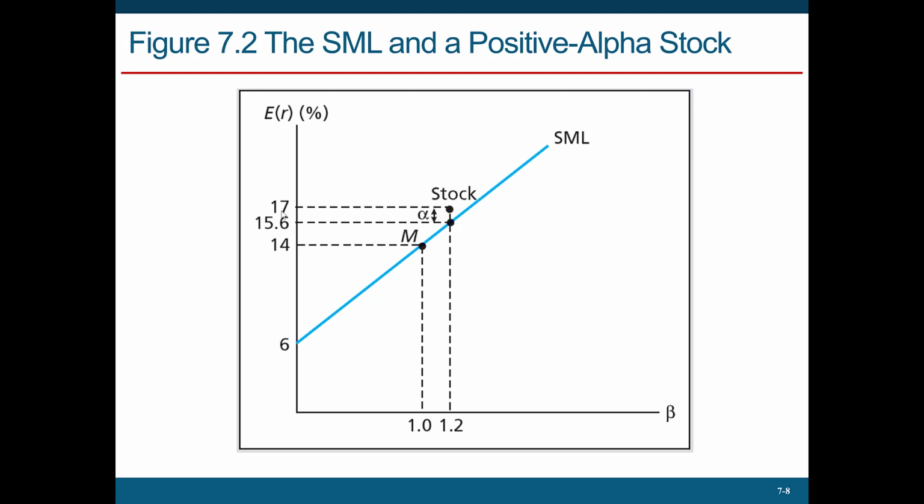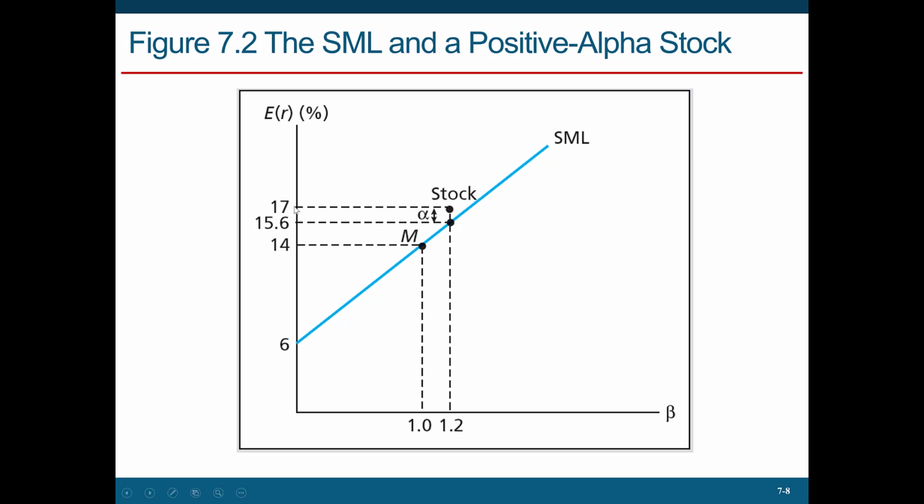So that is your own forecast. CAPM tells us that we can expect a return of 15.6%. If you assume that CAPM is the right model of risk and return, then this 15.6 is basically a fair return, right? So for a beta of 1.2, for the risk of that security, the fair return is 15.6%.